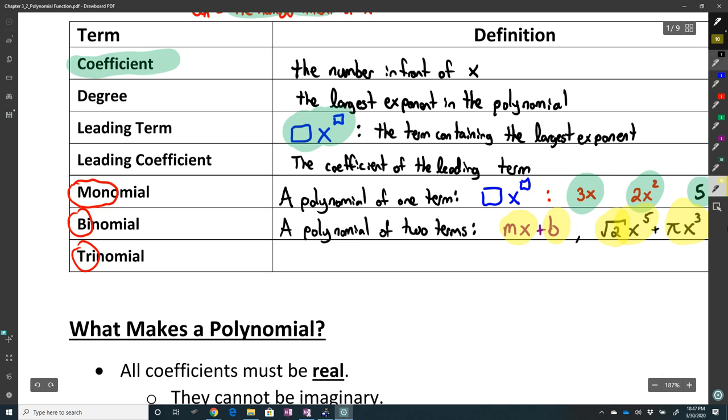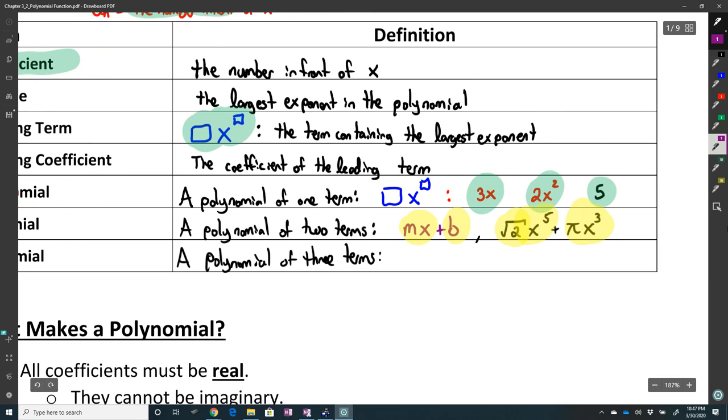All right, and then a trinomial is a polynomial of three terms. And so the most famous example of that would be what we talked about on Thursday. It's just ax squared plus bx plus c. That's the most popular trinomial because there's three terms, but it can really be anything.